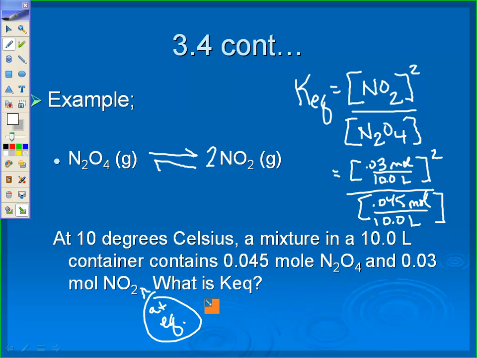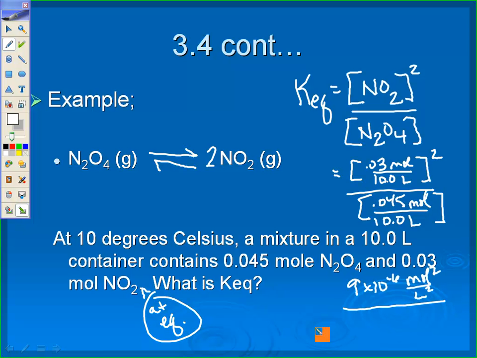So now we can plug those values in, and 0.03 divided by 10 is 0.003, and we're going to square that, and that is 9 times 10 to the negative 6. So I'm going to write that down here, I guess. And that would be moles squared per liters squared.